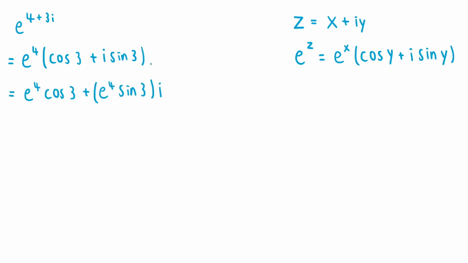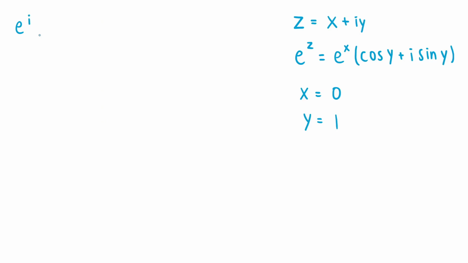If we expand the expression, this equals e to the 4 times cosine of 3 plus e to the 4 times sine of 3 times i. If we put in the exponential and trigonometric values into a calculator, keeping in mind that we're working with radians here, we'll find that this expression is approximately negative 54.0522 plus 7.7038i.